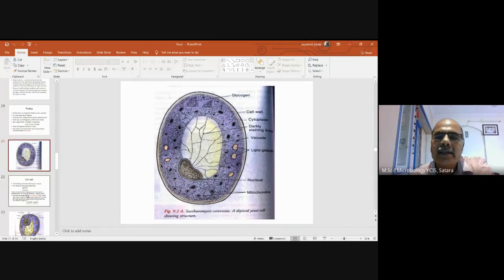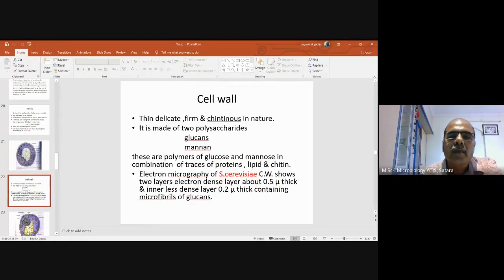Then next is the cell wall. The cell wall is thin, delicate, firm, and chitinous in nature.